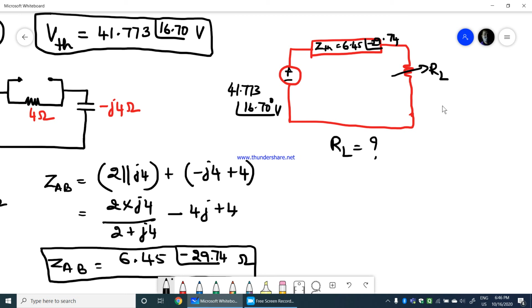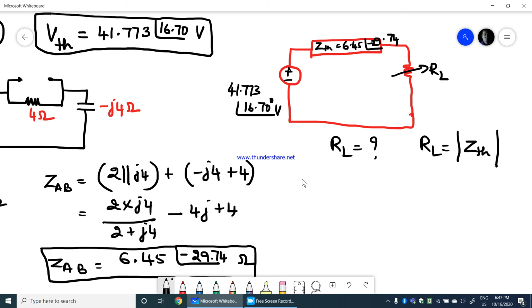Here we have a condition where the load is resistive and the source is an impedance. Therefore RL would be equal to the magnitude of the source impedance, which is Thevenin's equivalent impedance ZAB.